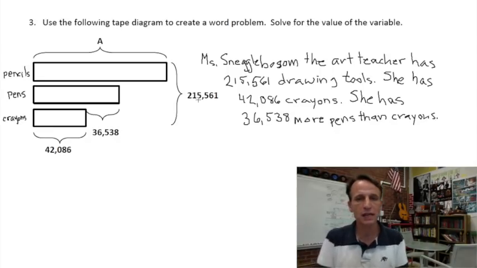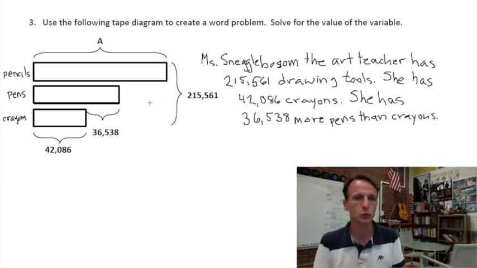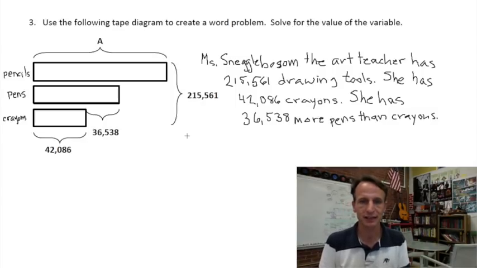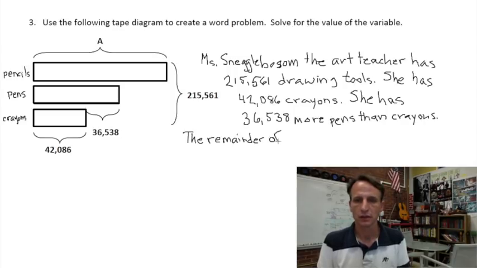Okay, and then the remainder of this 215,000 is what? Pencils. So that's exactly what we'll say. The remainder, the rest, you could just say the rest, of her drawing tools are pencils.